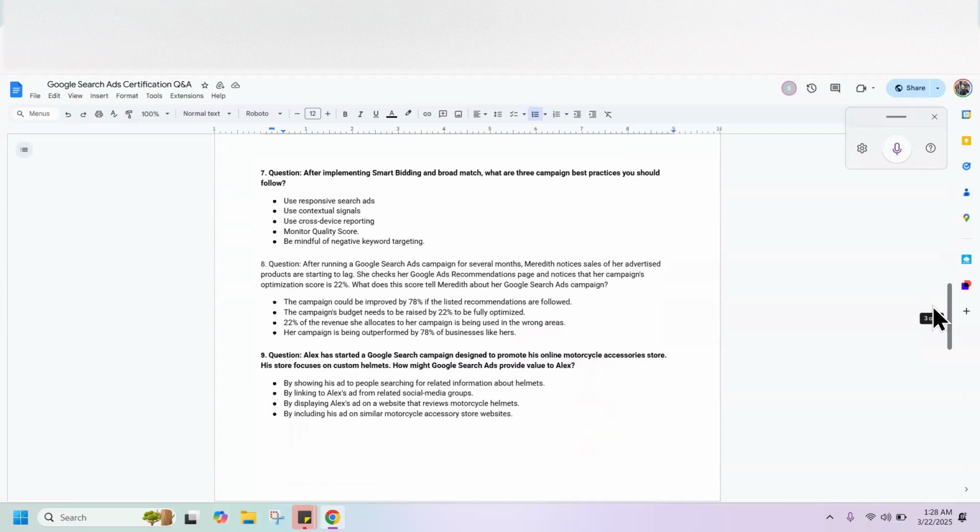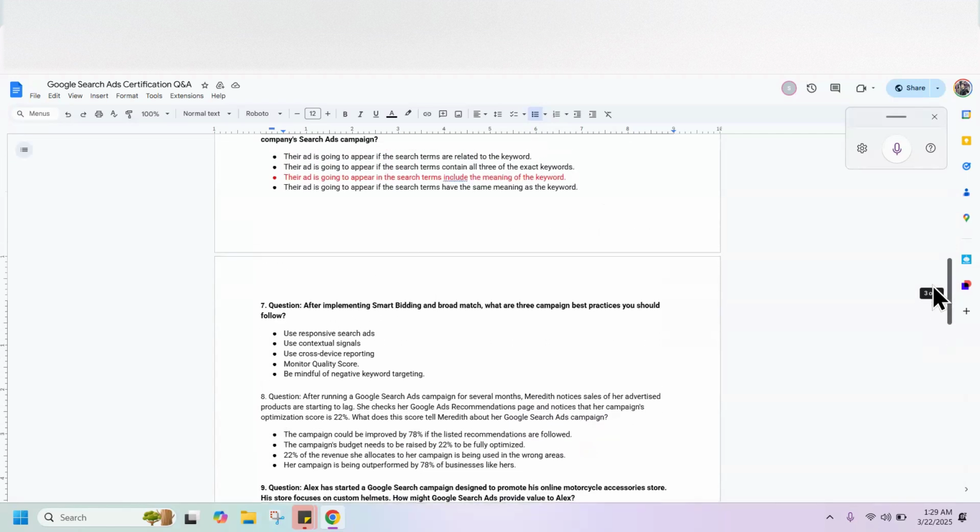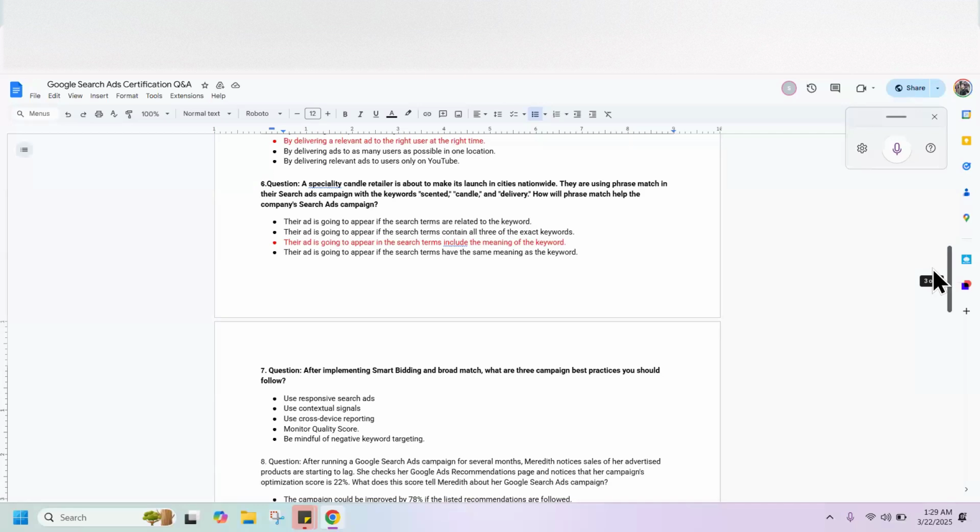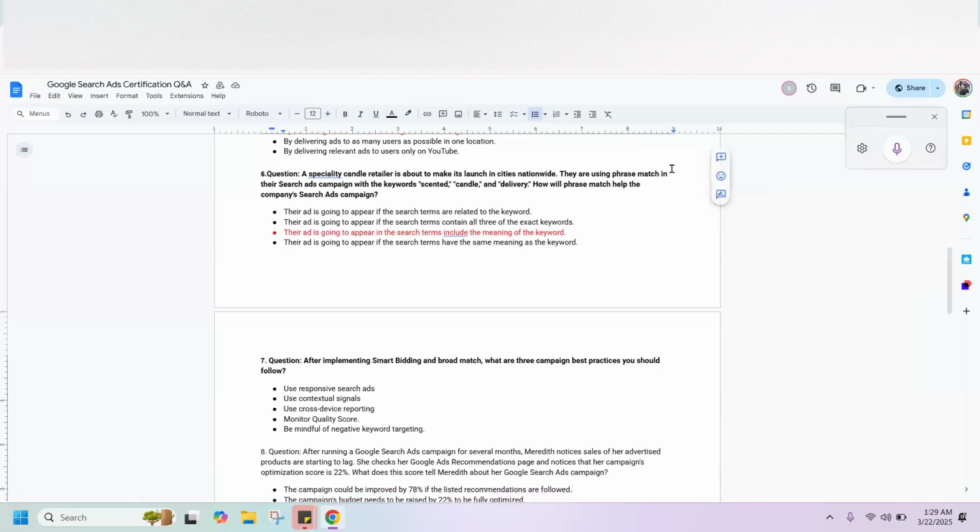Okay. After implementing smart bidding and broad match. So broad match is different from phrase match. Yes. What is the meaning of phrase match versus broad match?